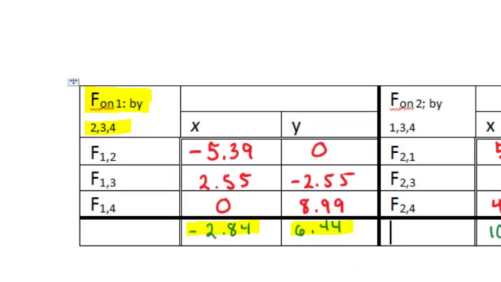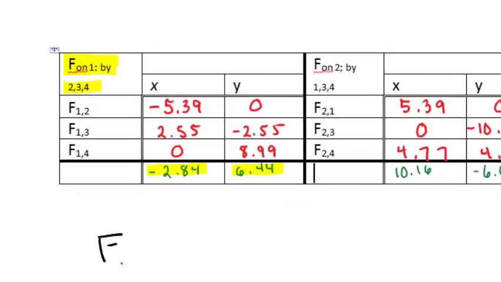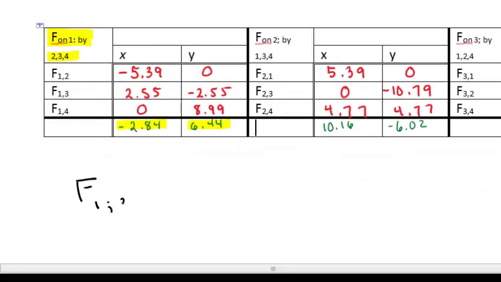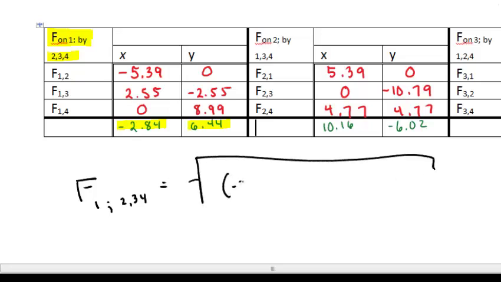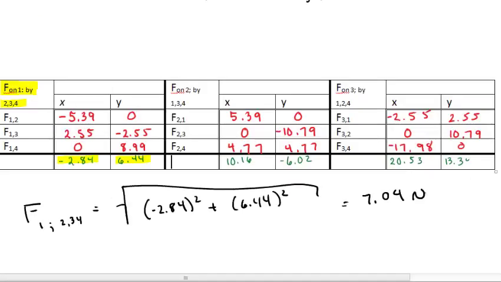The force on 1 by 2, 3, and 4 is equal to the square root of negative 2.84 squared plus 6.44 squared. So for my net force on charge Q1 exerted by the other three charges, I get 7.04 newtons.